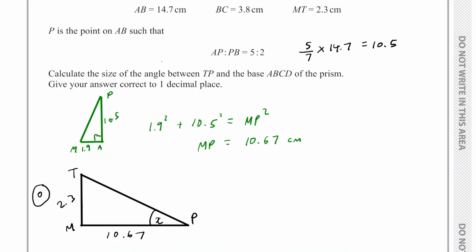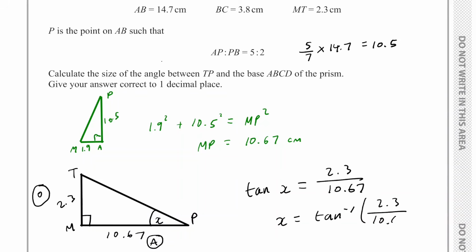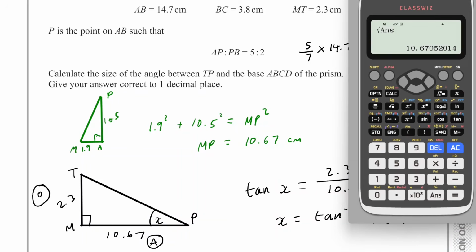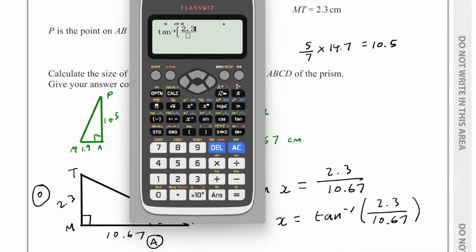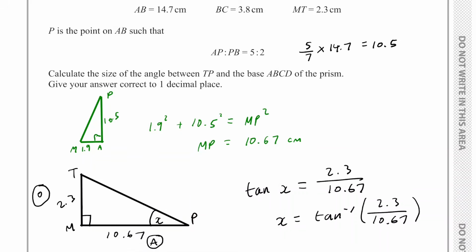So we have the opposite and we have the adjacent. So it's tan. Tan x is TOA, opposite over adjacent. So x is equal to shift tan 2.3 over 10.67. Shift tan 2.3 over our last answer. And we get 12.2 degrees.